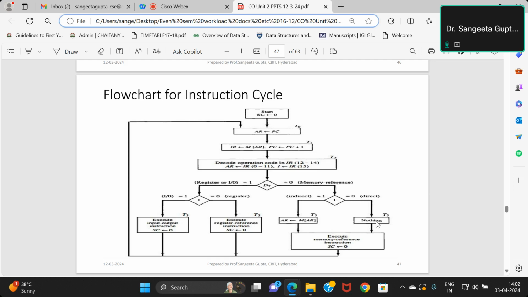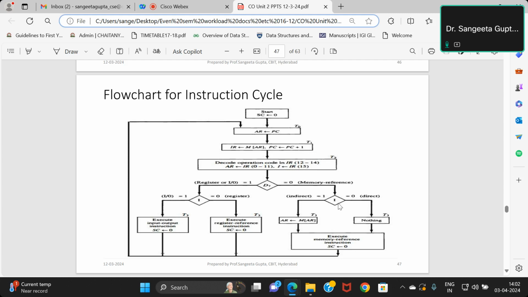If there is a direct address, the operand can be fetched directly from memory. So we directly execute the instruction and reset the sequence counter to 0, to proceed with the execution of another instruction.